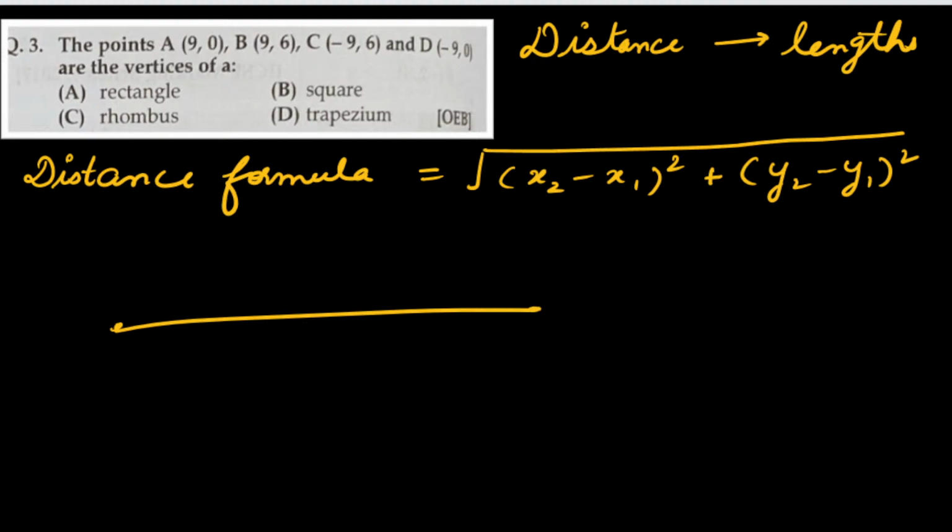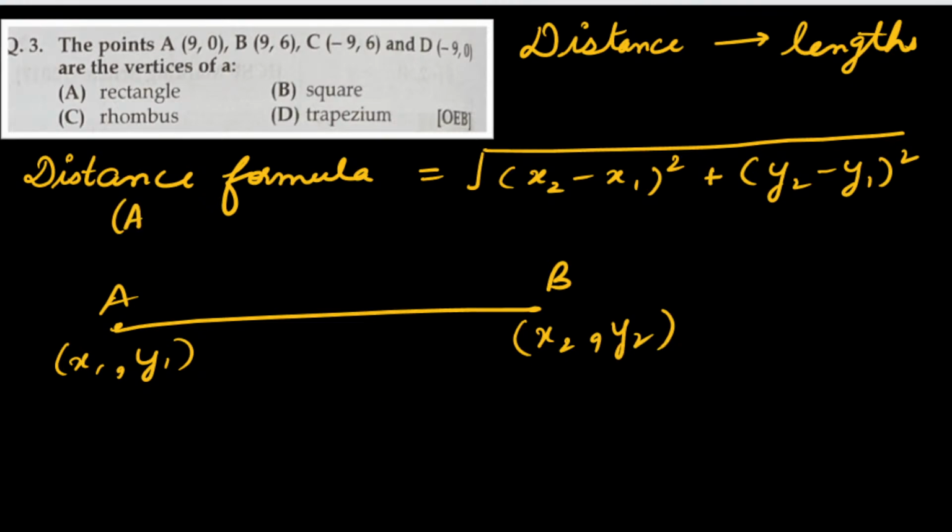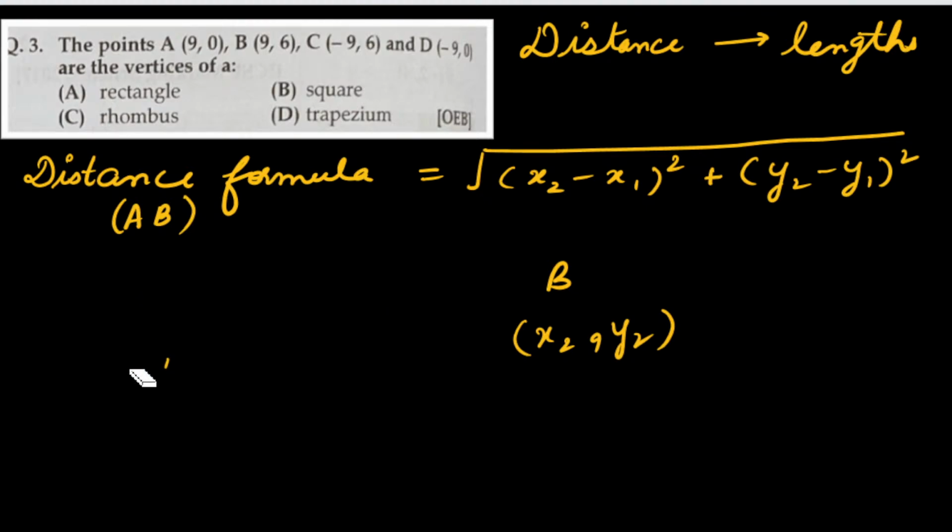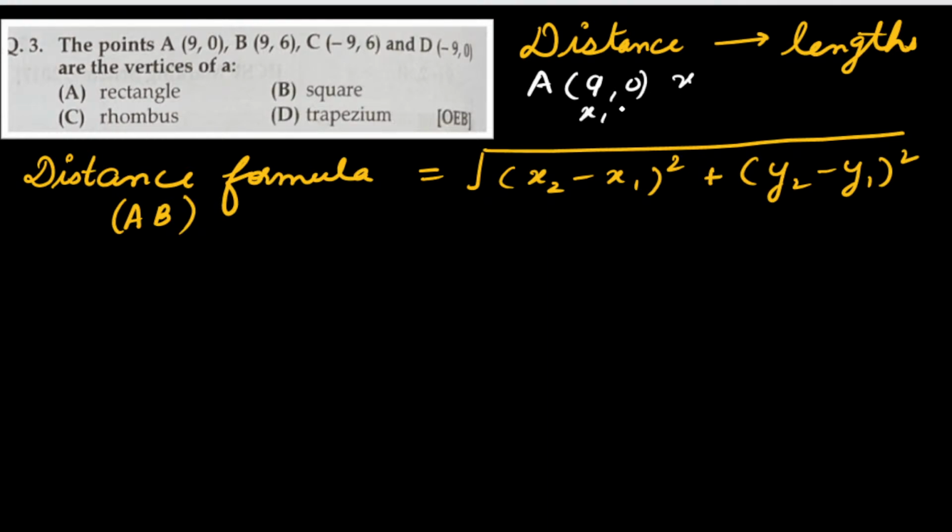Suppose I have a line segment AB, with coordinates of A as x1, y1 and coordinates of B as x2, y2. So we can find the length AB using the distance formula. Now let's find the different distances. To find AB, we'll consider the coordinates of A as x1, y1 and coordinates of B as x2, y2.